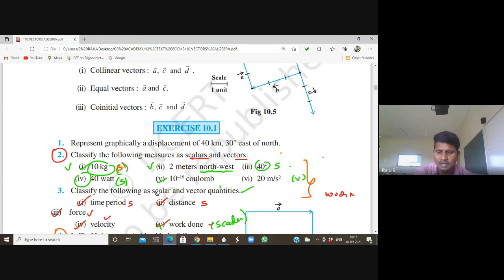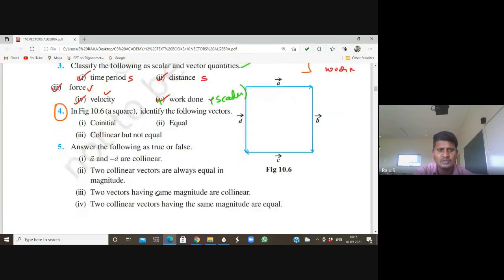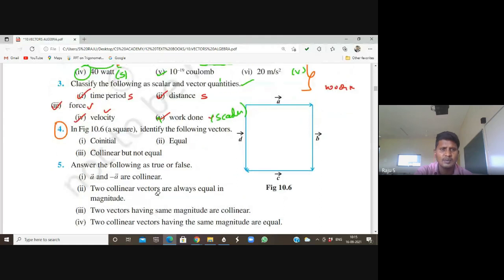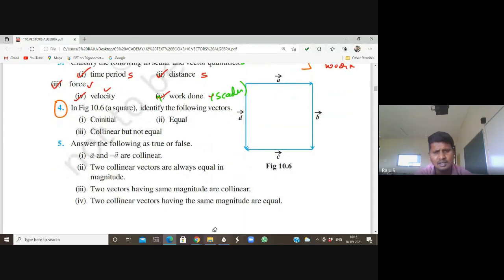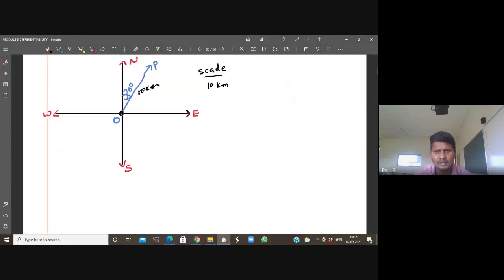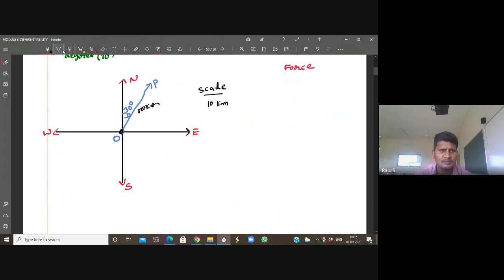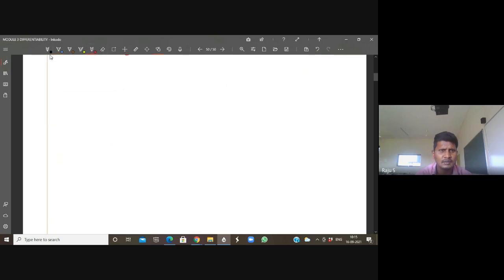Coming to the next question, I'm going to explain the concept of the initial point and the terminal point. I think I already explained that. Yes or no, students? Once again, I'll revise the concept.